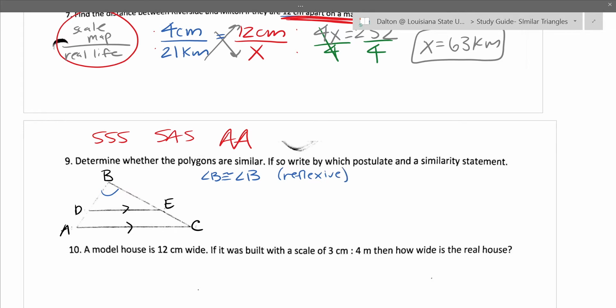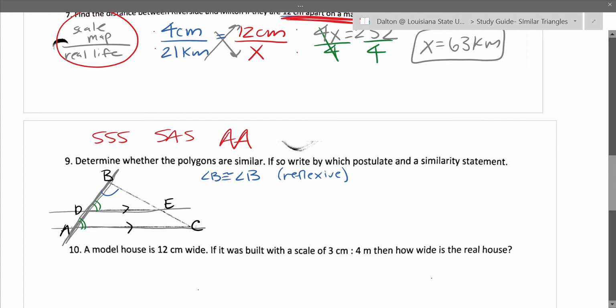The other bit of information that we know is if I were to extend these parallel lines beyond the triangle and drop down a transversal, I also know that these two angles in green are congruent to each other. Does anybody remember why? It starts with a C. So let's actually name those angles.